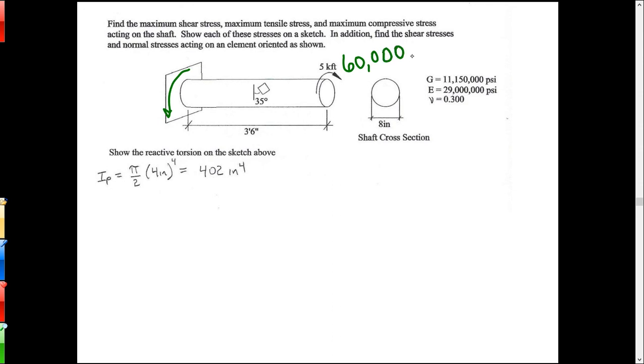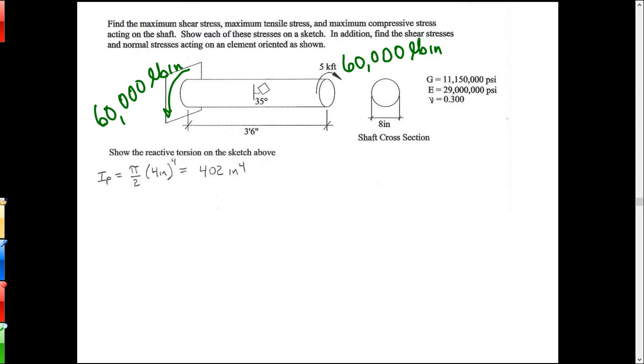So to get things to match, when I'm in English units, I like to get my torsions into pound-inches. Okay, like so. So you all good with what I did there? It's not horribly complicated. The reaction just goes the opposite direction of the applied. That's all.